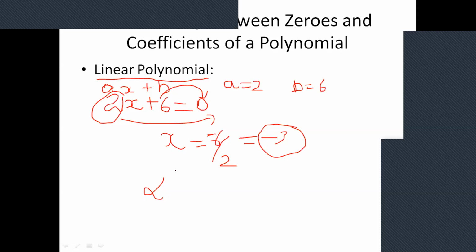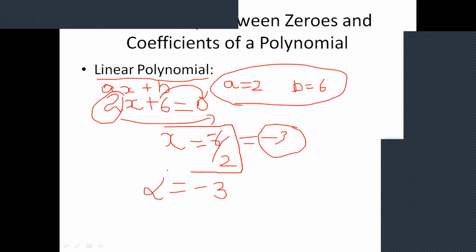Suppose I denote the solution alpha equal to minus 3. The relationship between this alpha and the coefficients is based on this step. You can clearly see that I found alpha, and I know that this is b, which is 6, but I don't have the minus, so I put it here. Then I have this 2, which is a.